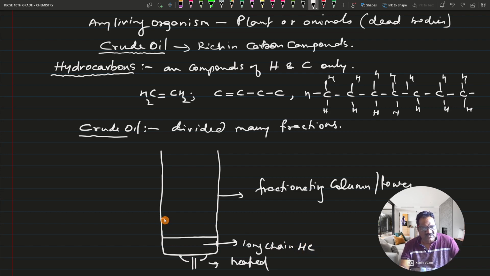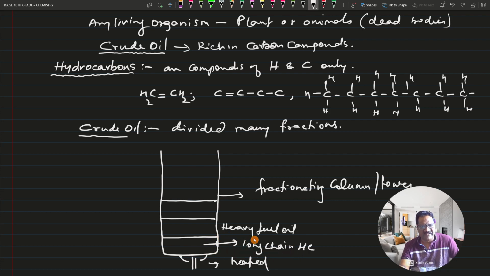Now above this fraction you have another fraction which is heavy fuel oil. This is another fraction, right? That way, when this crude oil is put in this fractionating column and it is heated, this is the way the fractions are distributed in the tower. So the lowest part of the fractionating column will be occupied by the long chain hydrocarbons.